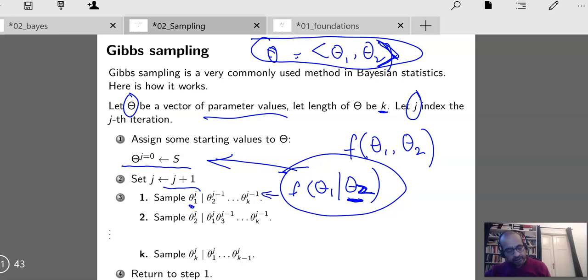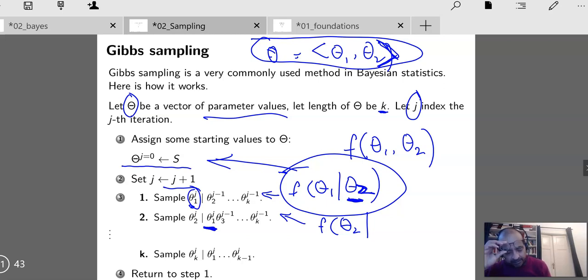That's this step here. Similarly, I'm going to produce a sample for the second parameter, theta 2, given the value that I just generated for the other parameter in this current step. So I just generated this.